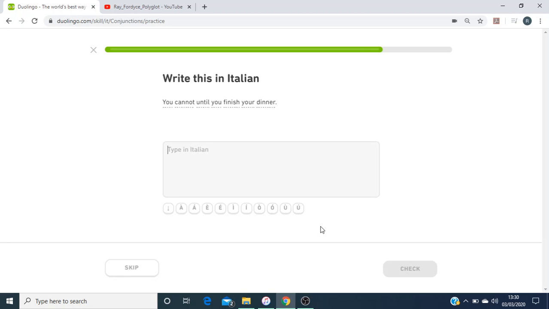So, non puoi finché non finisci la tua cena. I hope I can get this right, because after all I've been saying about using non after finché.